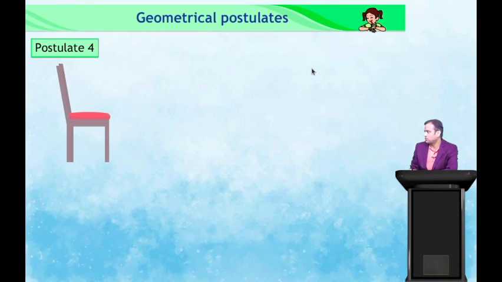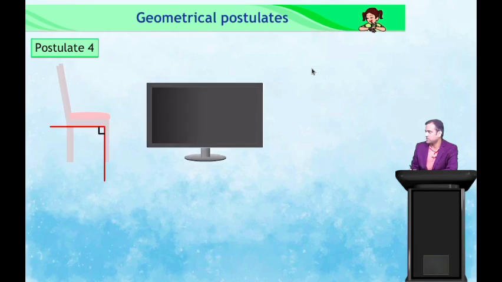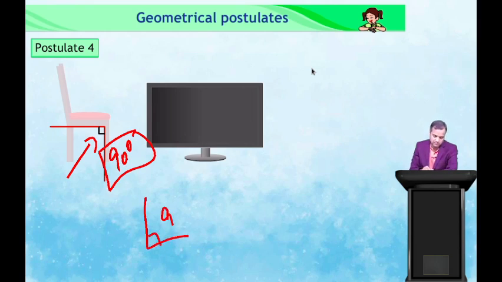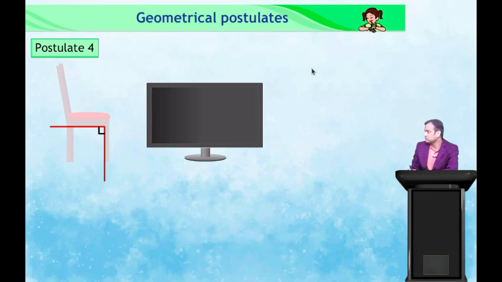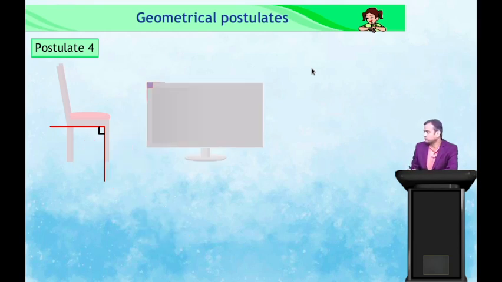Now postulate 4. Which angle is this? Do you know which angle this is? Yes, it is 90 degrees. 90 degrees is always shown like this. So all these angles are 90 degrees.